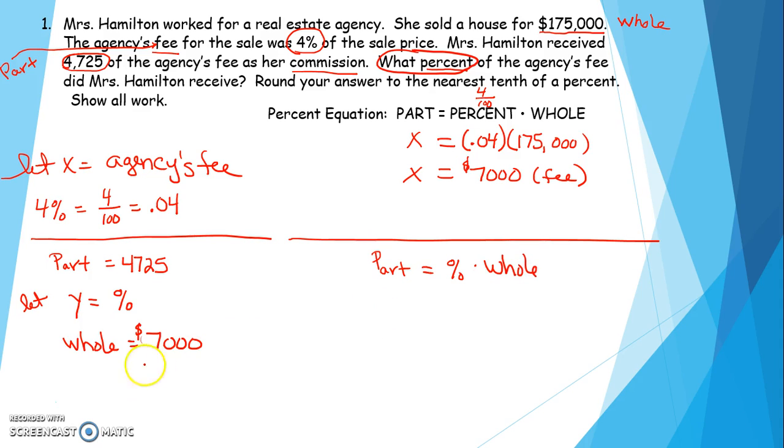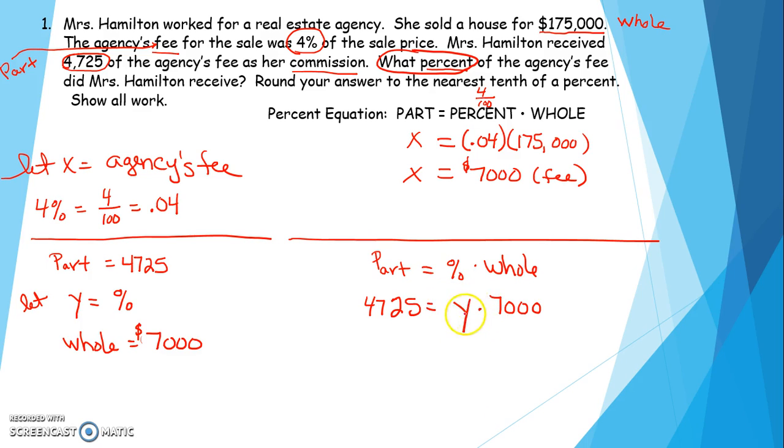Again, this is a new second step. The new whole is $7,000. The part that was paid to Mrs. Hamilton is $4,725. So we have $4,725 is what percent, I'm calling it Y, of the whole that the agency made, $7,000. Now we're just going to solve for Y, solve for the percent.